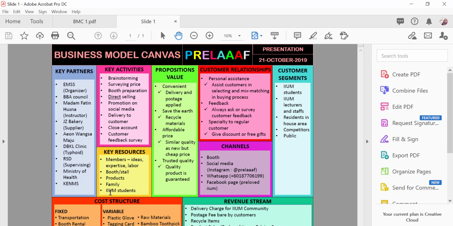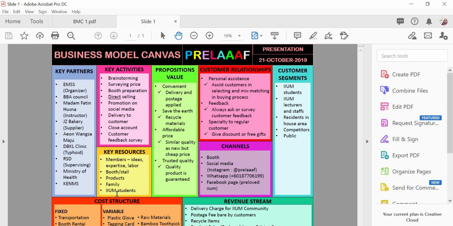But IM students are part of the customer segment. I think I know why Pre-Love put the IM students here, because they get their Pre-Love items from the IM students.